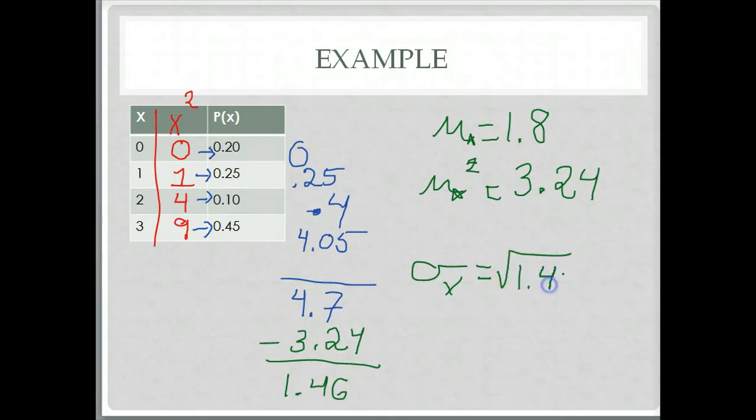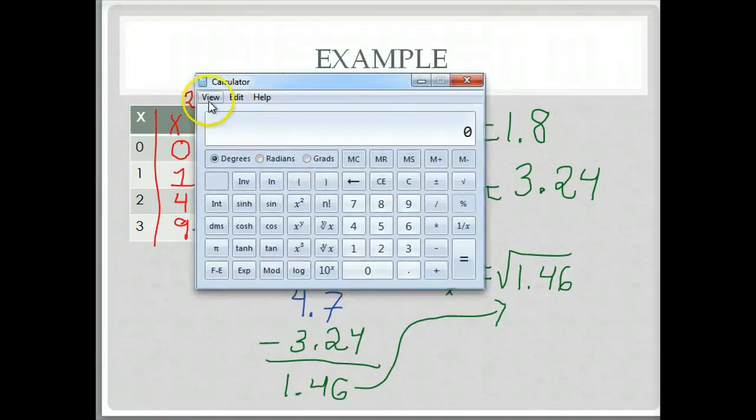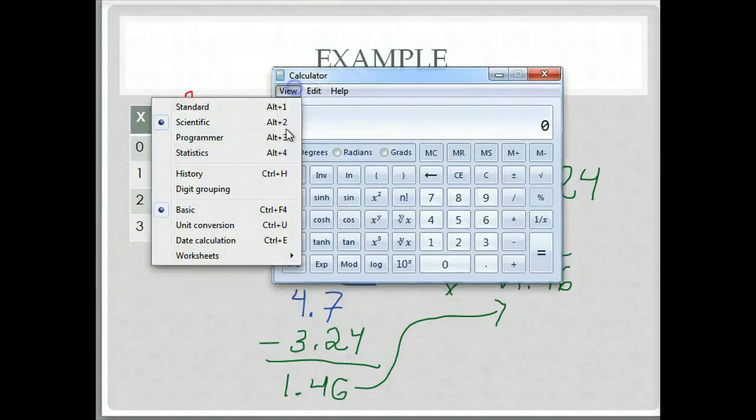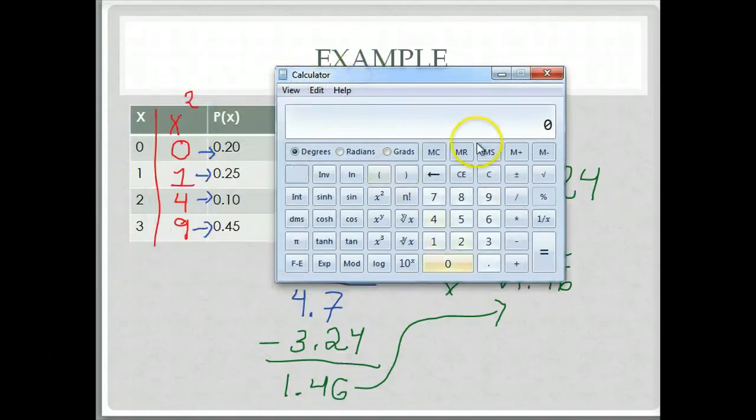So I want to take whatever I got when I subtracted the mean squared and take the square root of it. Now you're thinking, how the heck do I take the square root of something? You have your Windows calculator, correct? Here it is. You can have this in either view. Mine happens to be in a scientific view. It really doesn't matter. But I just want to put my value in, 1.46, and you'll see a check mark over in the very right-hand column up towards the top.